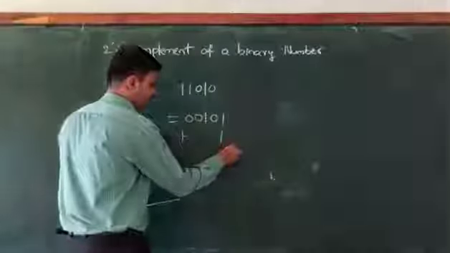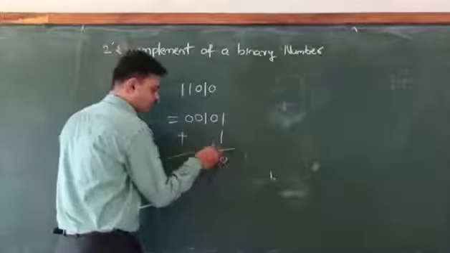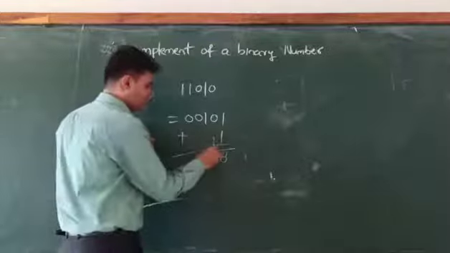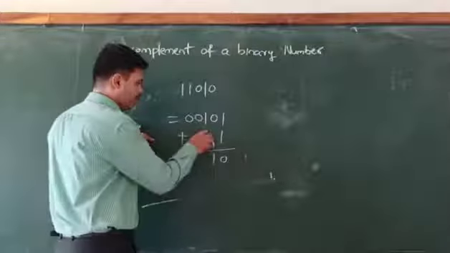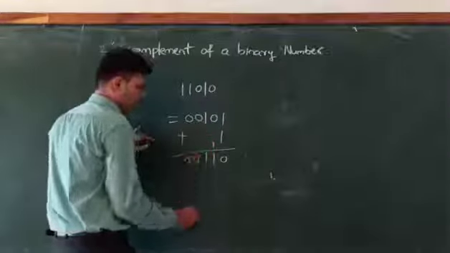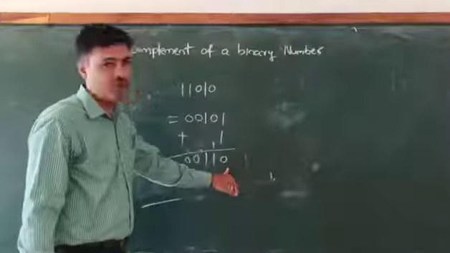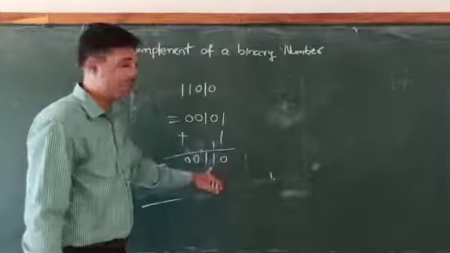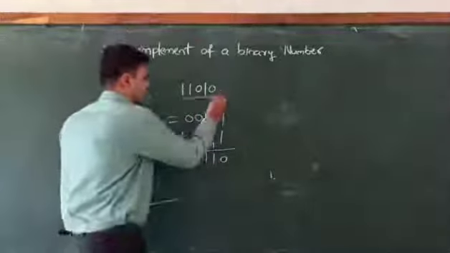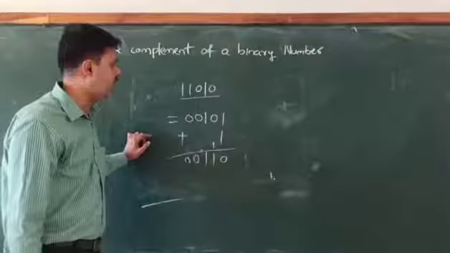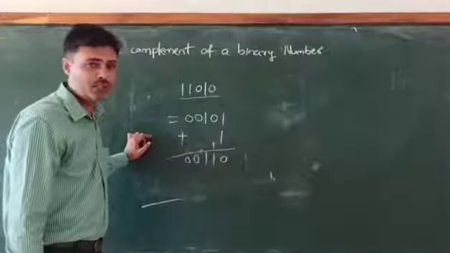Add 1: 1 plus 1 is 0, carry 1, 0 plus 1 is 1, carry the 0 here. 1 0 0 0 0 1 1 0 will be the 2's complement of the given number, that is 1 1 0 1 0.